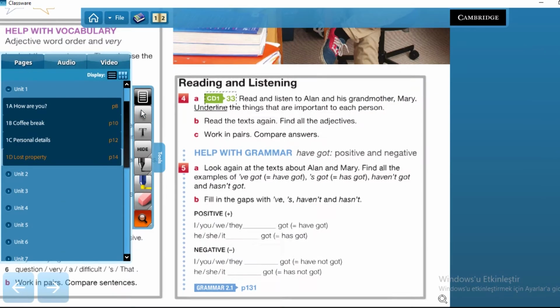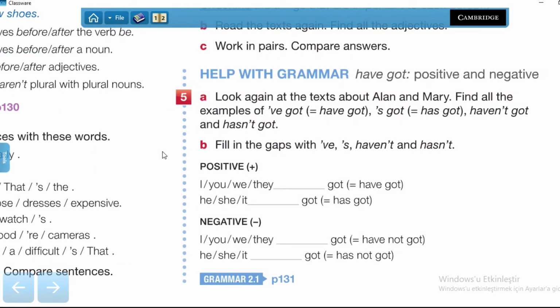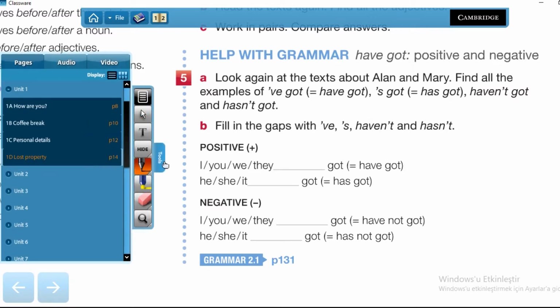Now, the grammatical points. So, for positive forms, fill in the gaps with short forms. Have, has, haven't, and hasn't. I, we, you, they. With the subject pronouns, we use have got, but always use the short forms.